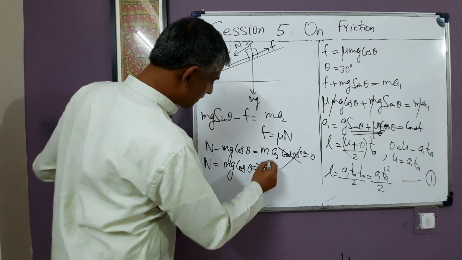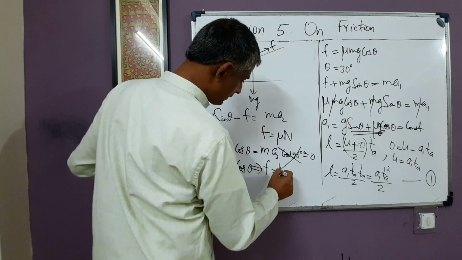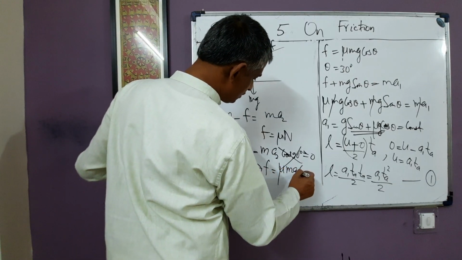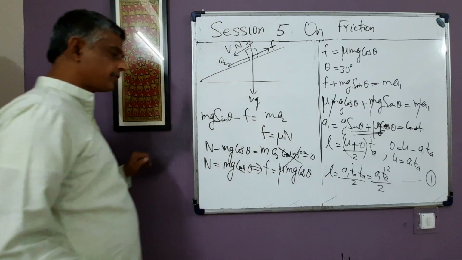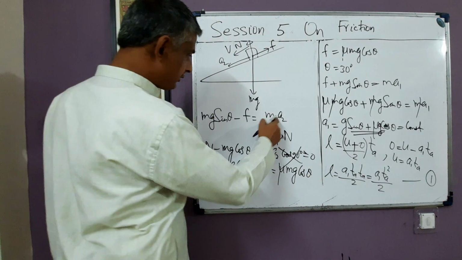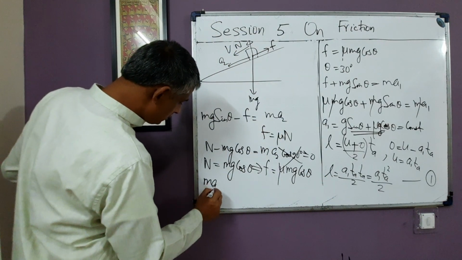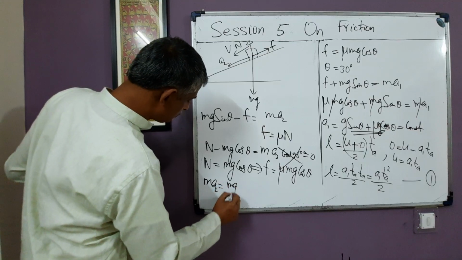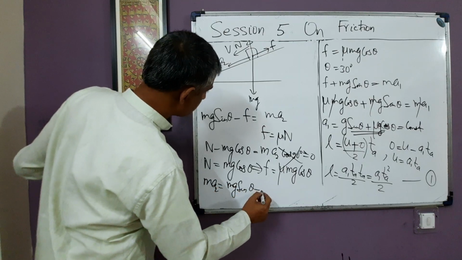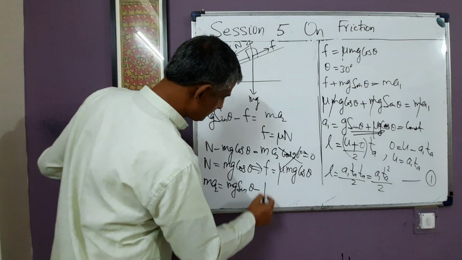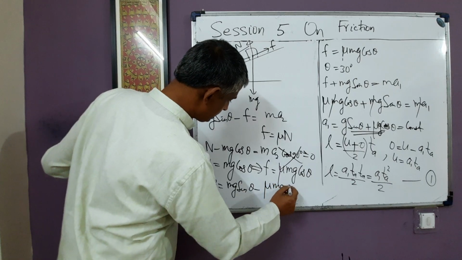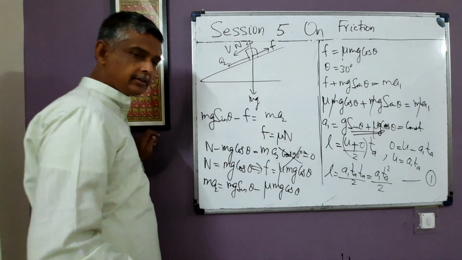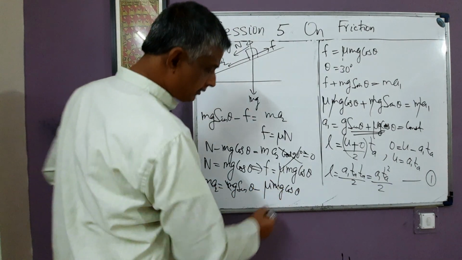This N I substitute here. So F becomes mu times mg cos theta. This F I substitute here, and we get m A2 is equal to mg sin theta minus mu mg cos theta. Now m goes away.